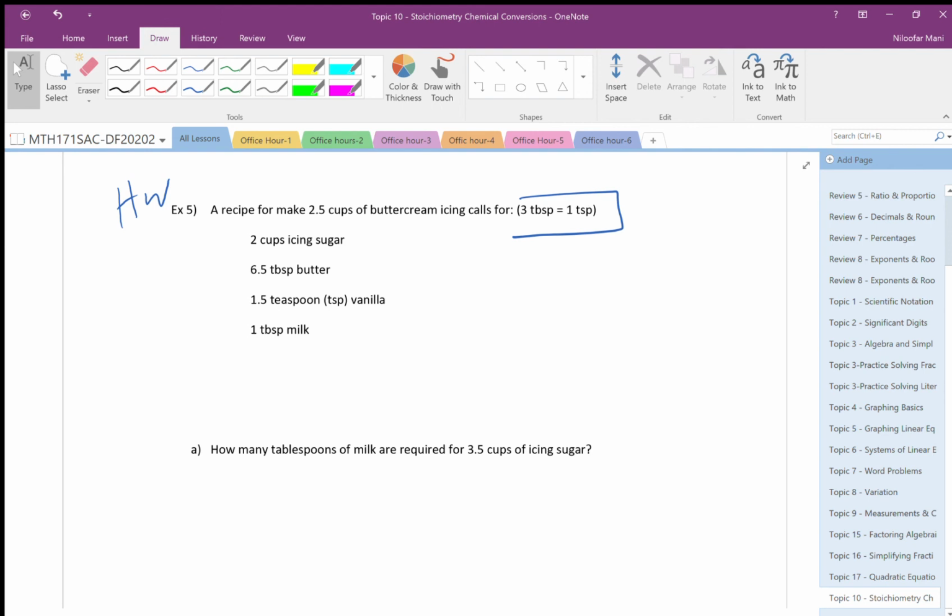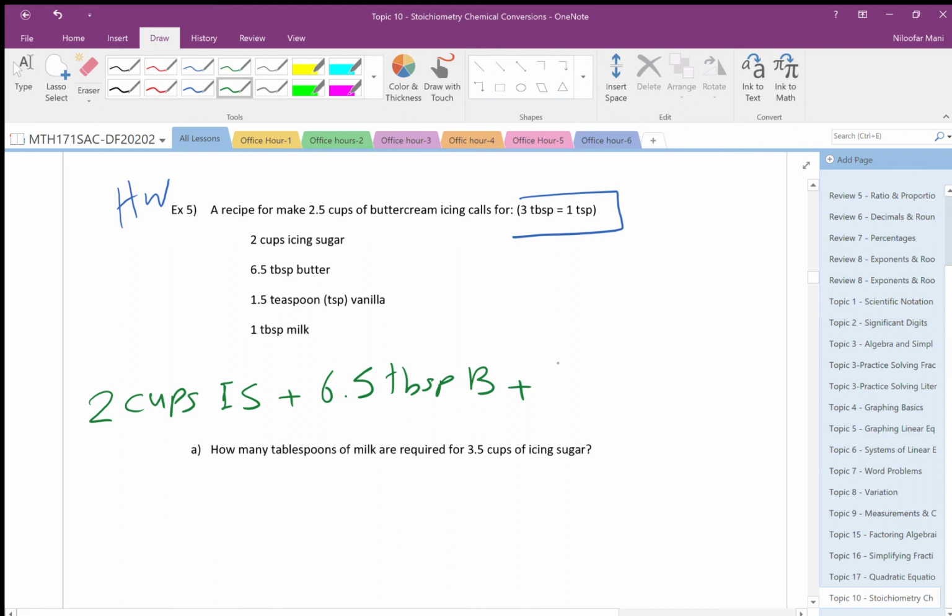Okay, so here, remember, I have 2 cups of icing sugar plus 6.5 tablespoon of butter plus 1.5 teaspoon, so different thing, TSP of vanilla. Okay, plus 1 tablespoon of milk.